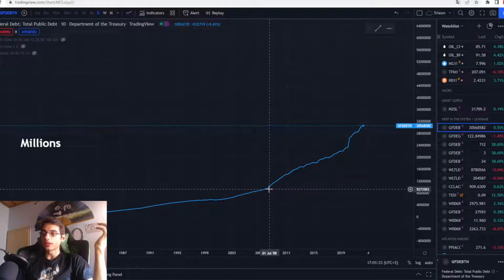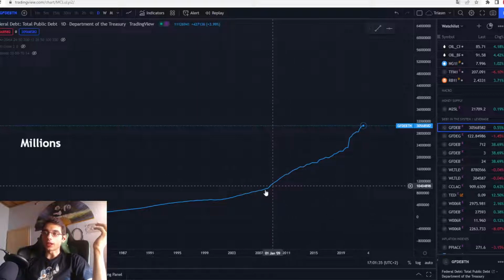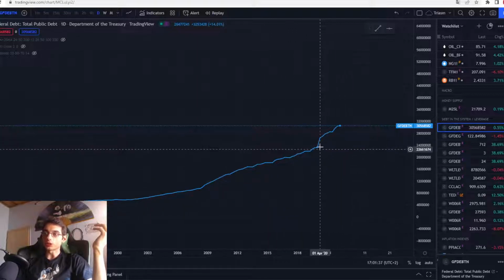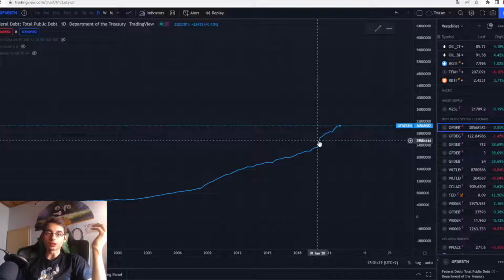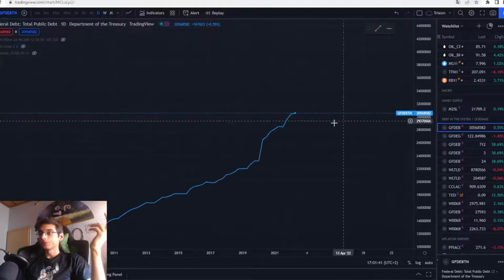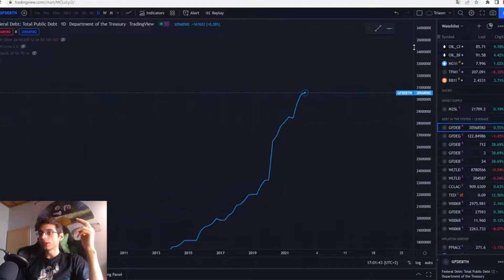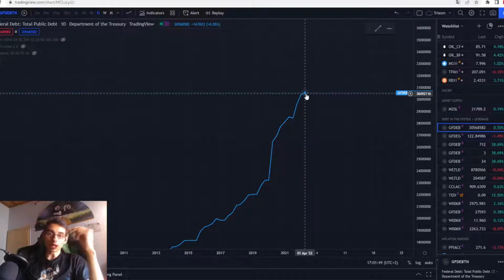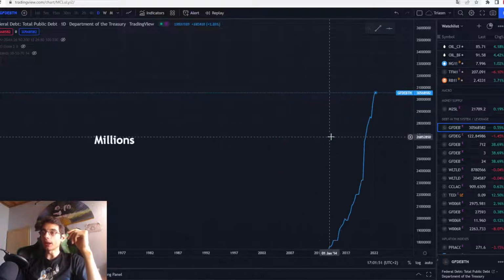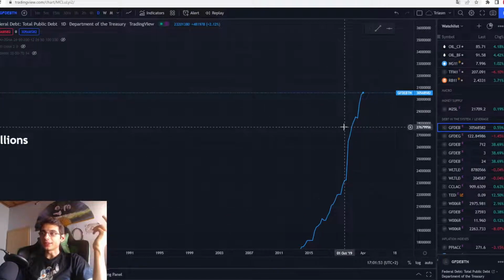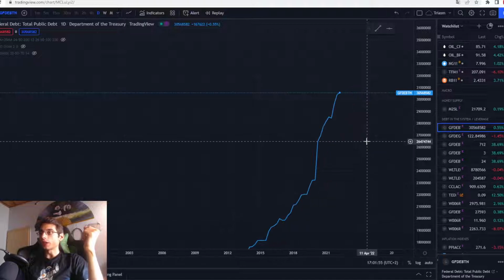We could say that in 2008 the public debt rose more or less quickly, but as you see, this is just another kind of slope, and it's still increasing, even if in the last few months it has been decreasing in momentum. But it's still at an all-time high, and it's going to get worse obviously in time.